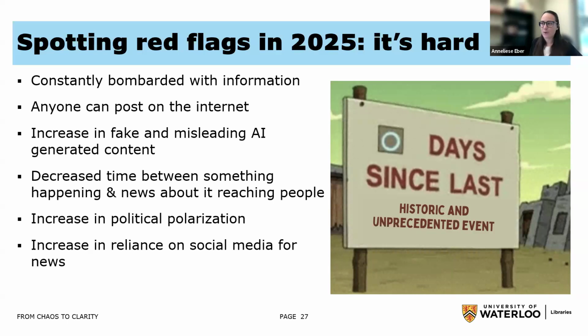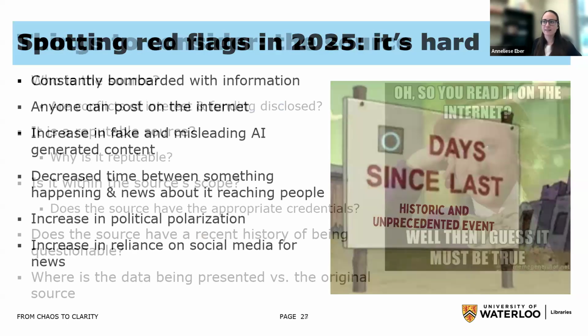So there's a lot of reasons why it's hard to spot it in 2025, but there's some things and questions to consider as you consume content on the internet and data in various formats that help you increase your data literacy skills for not only data you're working with for a project, but just data in the world around us as we live in an increasingly datafied society.